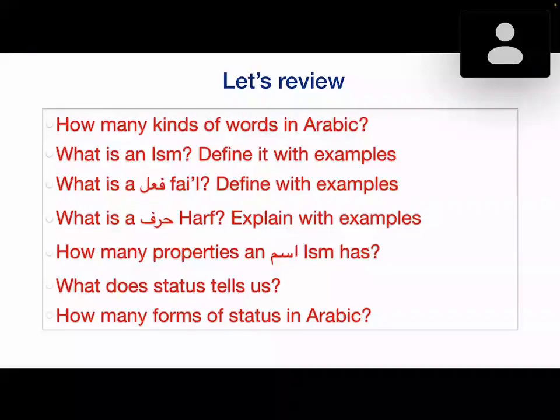Exactly. But in Arabic, there is more. So that means ism is more than a noun in Arabic.